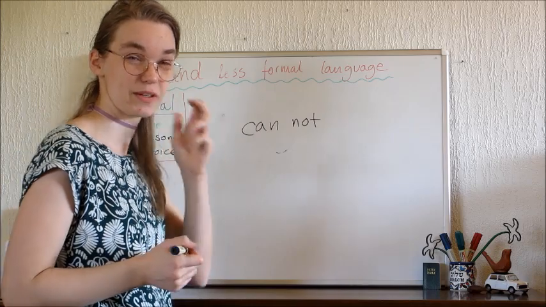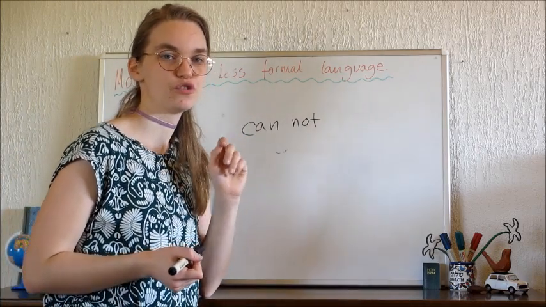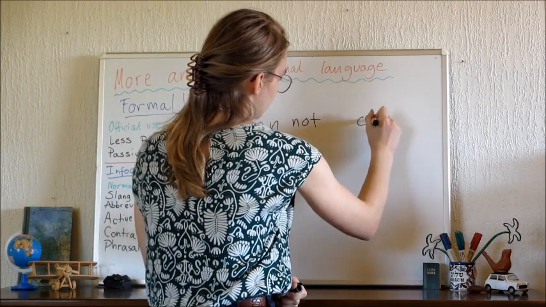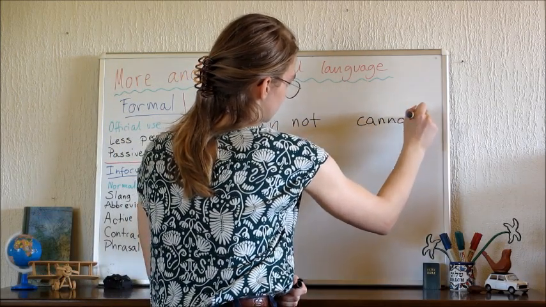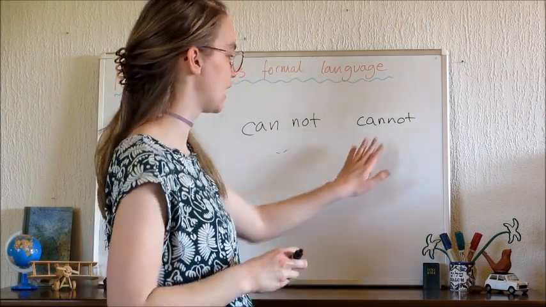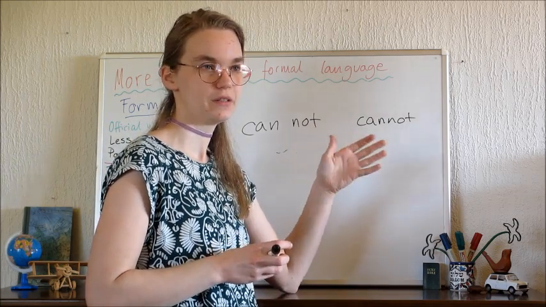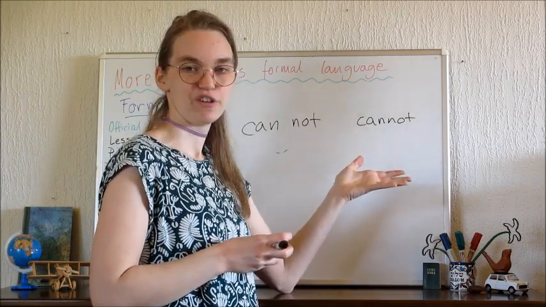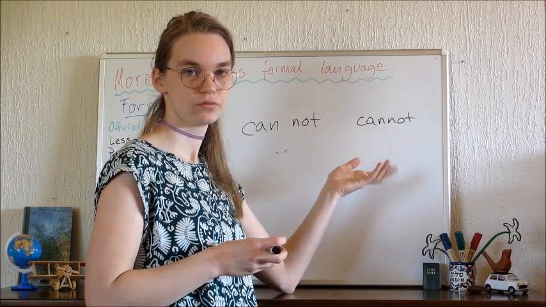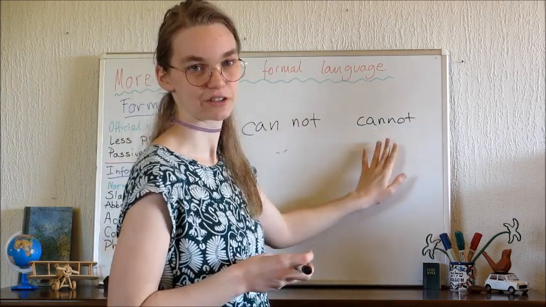Now this can be contracted in two ways, and that's a little special, because you can just make it one word, and then you write cannot. And this would be okay in formal language because it's such an official way of saying it still. So you still say cannot.